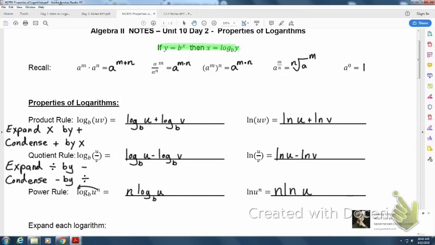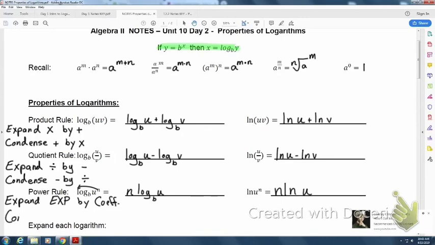So how I usually write this, the first two are kind of easy with the expand, multiplication by addition and division by subtraction. What I will normally say to this is you can expand exponents by coefficients.